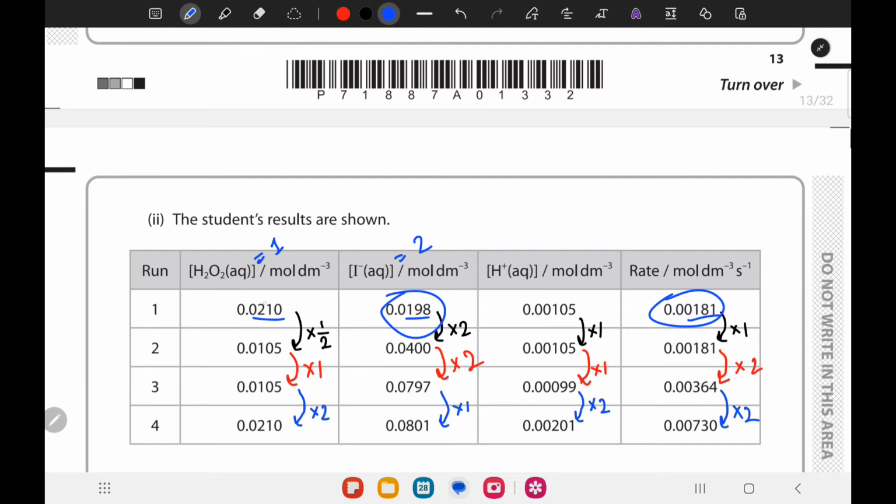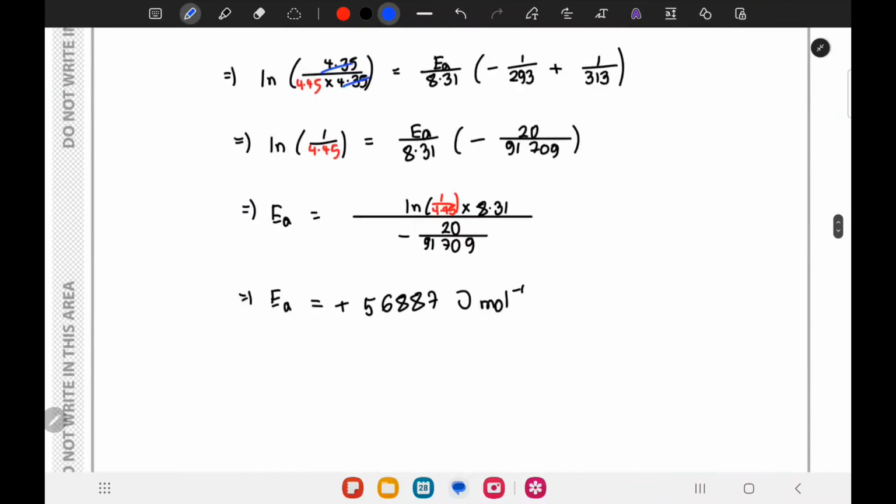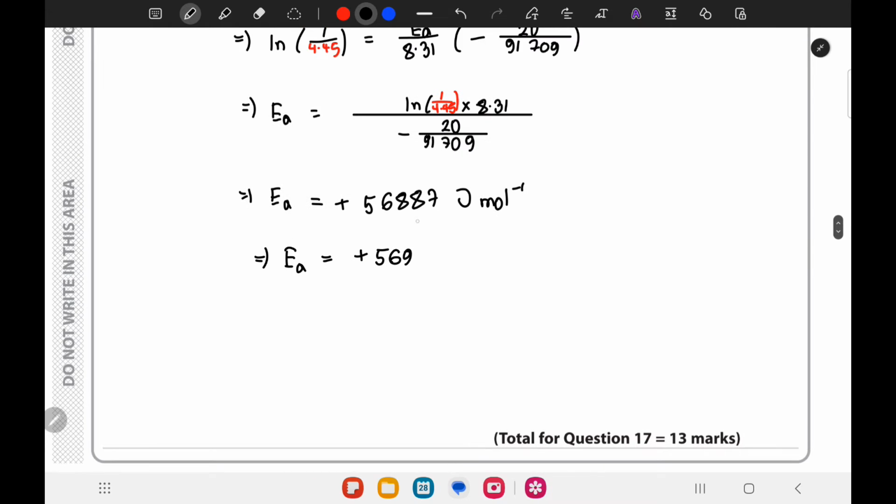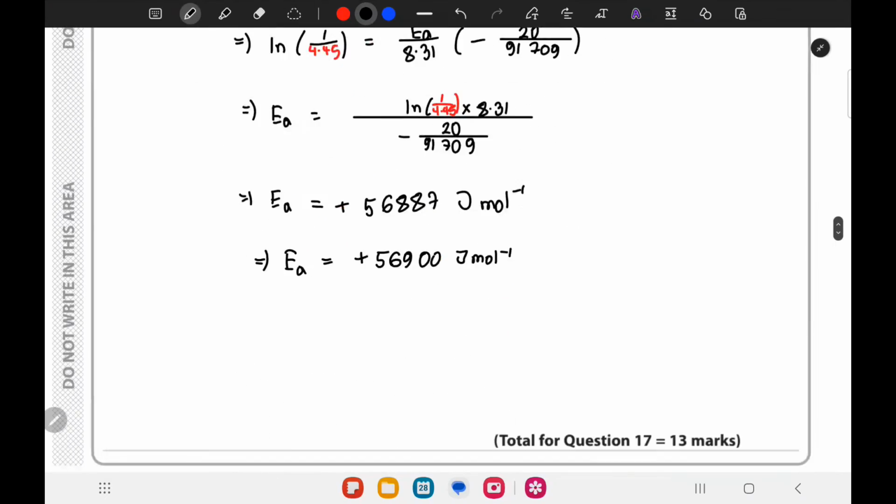So the values we used for the calculation are all given to 3 significant figures. So the activation energy should be given to 3 significant figures. So if I do that, I'll get 569.00 joule per mole. So 56,900 joule per mole is our answer. You could also turn it to kilojoule per mole if you want, but this is fine.